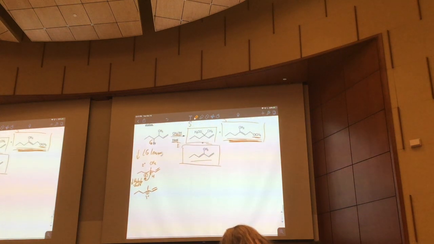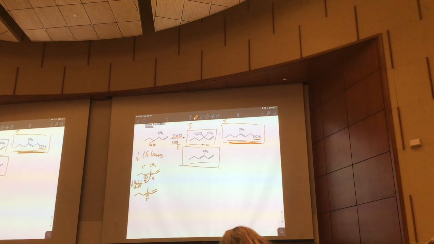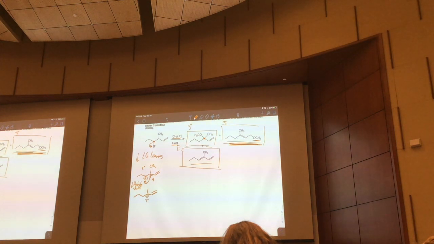Let's look too at our products, just in case we weren't sure what was going on. Notice, let's just look at our first one. Look at the carbon that got substituted. Is that the carbon holding the leaving group originally? No, yeah, so it's substituting at a different carbon than the one where the leaving group was. Sorry, that's kind of tough to word. But it's on a different carbon.